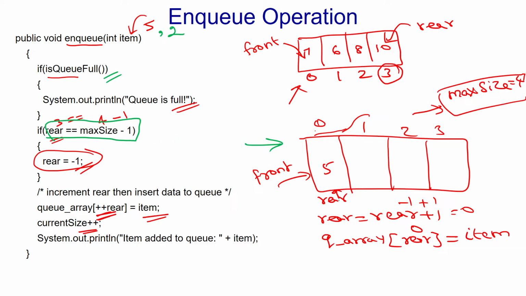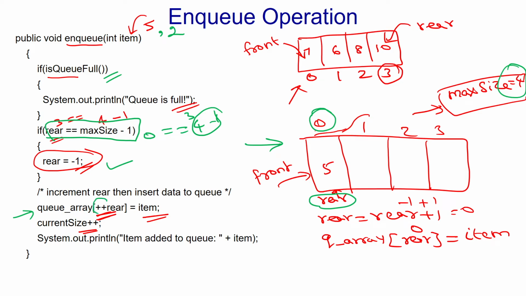Rear is 0, and the maximum size is 4, so 4 minus 1 equals 3. 0 equal to 3 is false, so this block will not execute. Now coming to the next line.